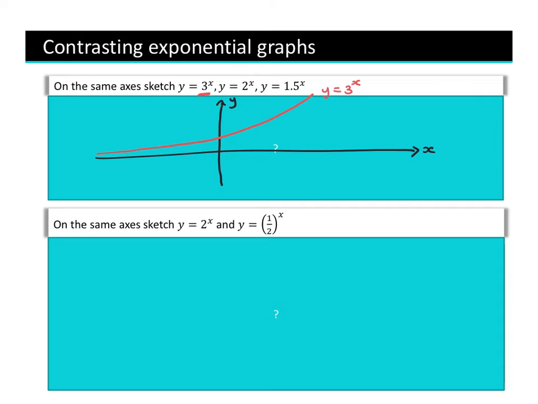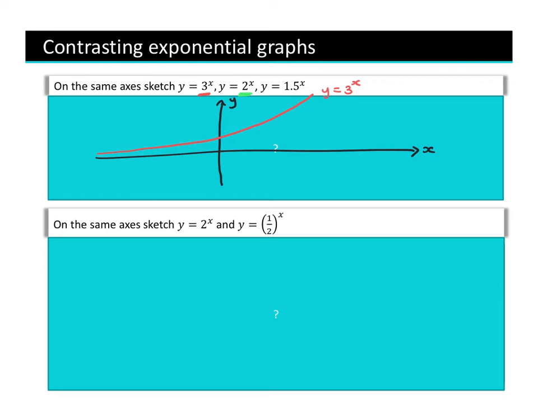If I now do y equals 2 to the power of x, let me think about this logically: 2 to the power of x, 3 to the power of x. If I start doing negatives, let's think about 3 to the power of minus 1. It's 1 over 3. 2 to the power of minus 1 is a half.